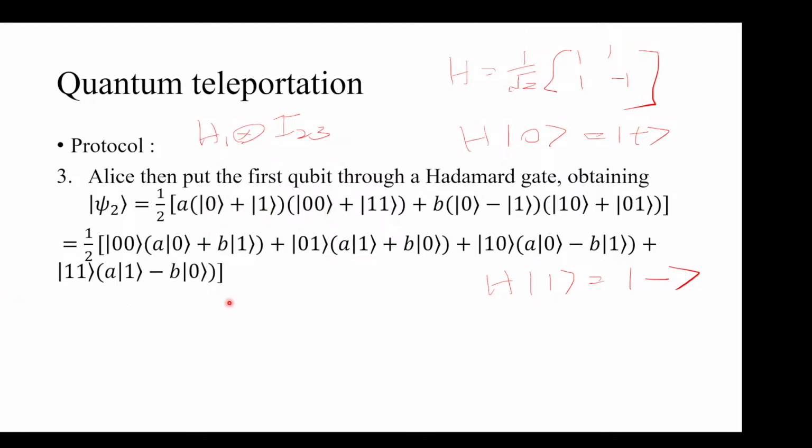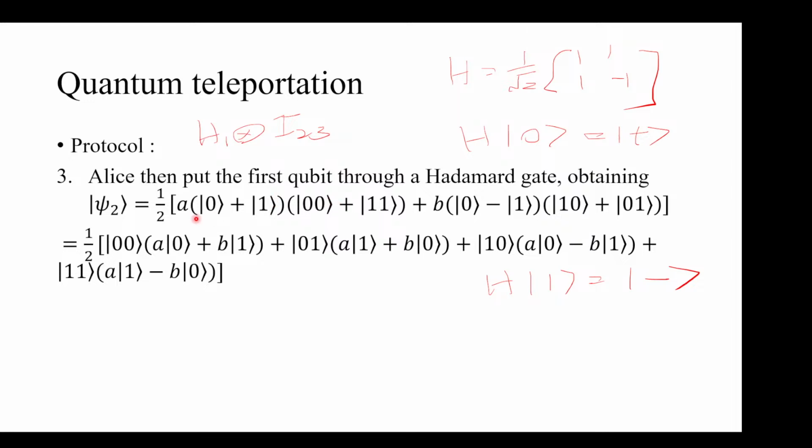So in particular, let's pick one of them, maybe 1, 0. So we see which terms have 1, 0. We have 1, 0 here, and 1, 0 here. And everything has coefficient 1 over 2 on the outside.